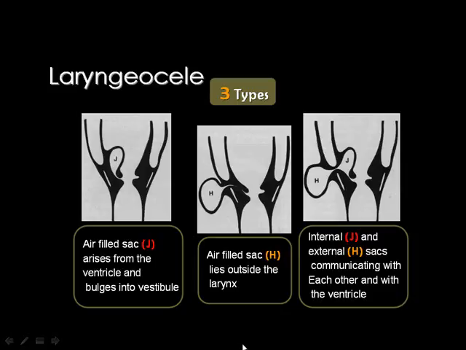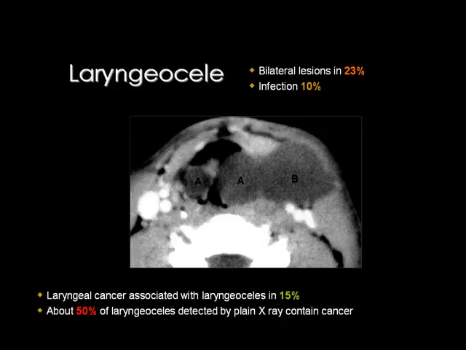Actually, you all know that laryngoceles are usually filled with air. It is written in our books that a laryngocele may be filled with air or fluid or air fluid level. But my colleagues in the ENT department said that the lesions that are totally filled with fluid in the larynx are called saccular cysts.